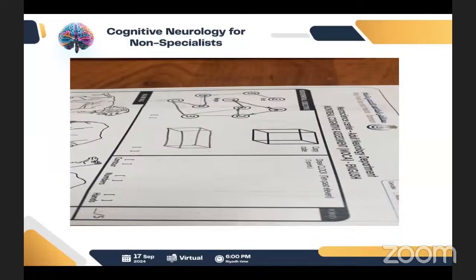So her response here is considered appropriate. She made the design, even if the cube is presented as a square and she drew it as a rectangle, it's considered accurate. The matter is the line and the dimension.